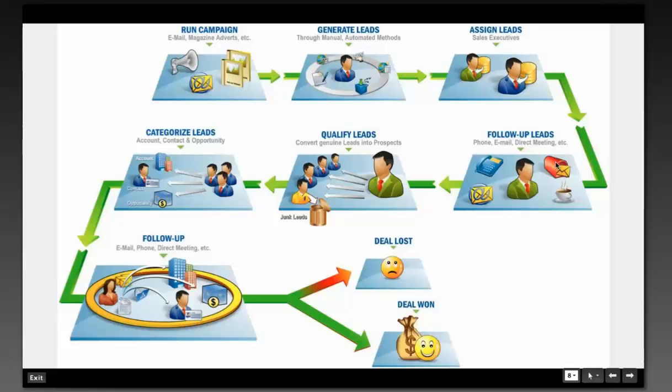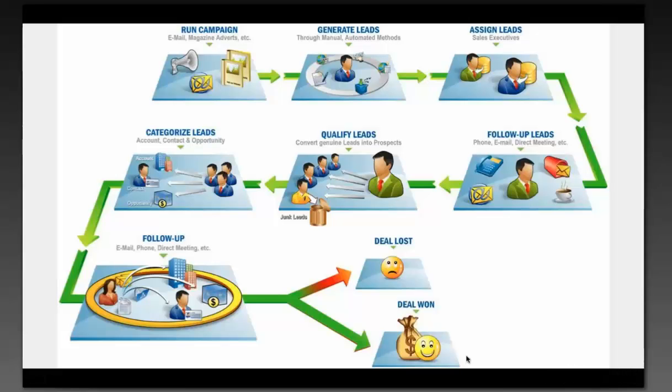You're going to email them. You're going to meet with them. You're going to track all of that in the system and qualify them. Once you qualify these leads, then they're going to convert them to an account and a contact. And you're also going to start tracking your sales opportunity. You're going to continue following up as you move forward with your sales opportunity, and hopefully, where the smiley face is, you win the deal.